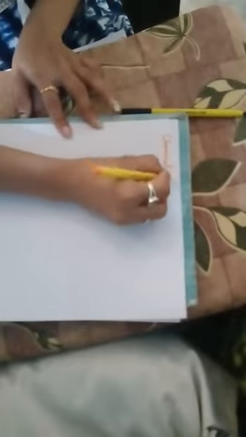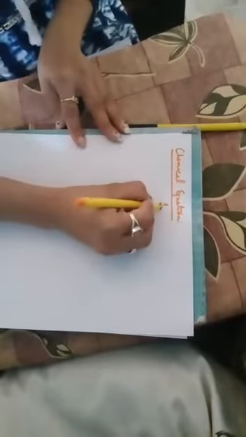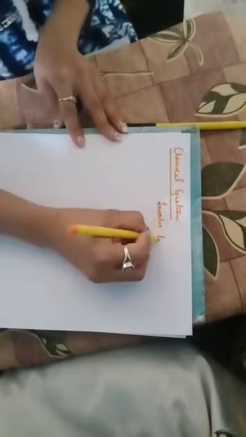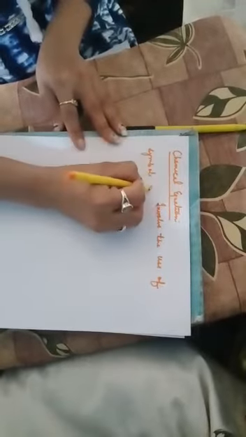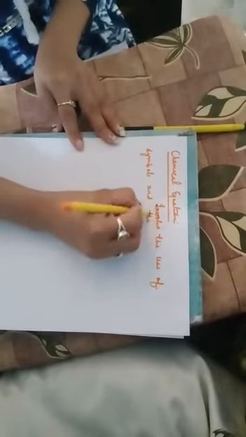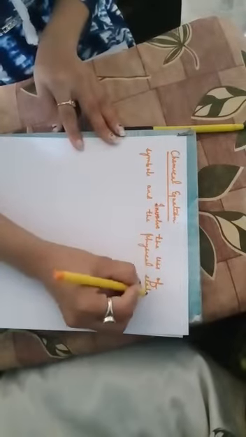Now, our next topic is chemical equation. A chemical equation involves the use of symbols and the physical state of elements.